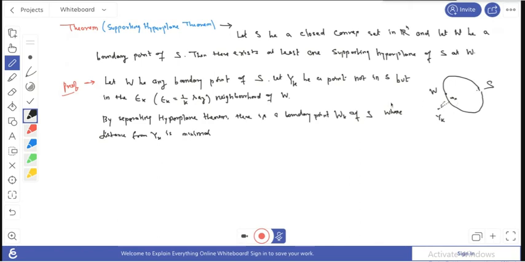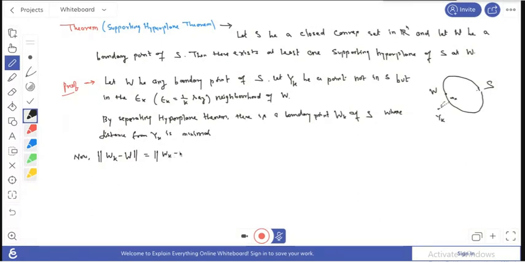Okay, so here we say that from our supporting hyperplane theorem, we know that the distance between wk and the boundary point w can be written in the form of wk minus w.